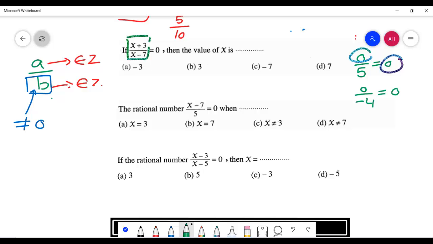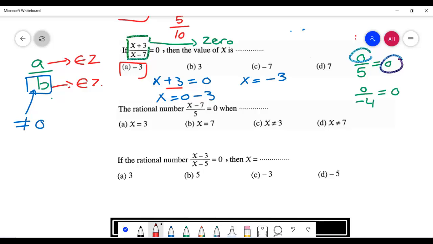This means that in this case, I want x + 3 to be equal to 0. So x + 3 = 0, solving it as an equation and moving the plus 3 to the other side, I will have x = 0 − 3, so x is equal to −3. So my correct answer here is number A, x = −3.